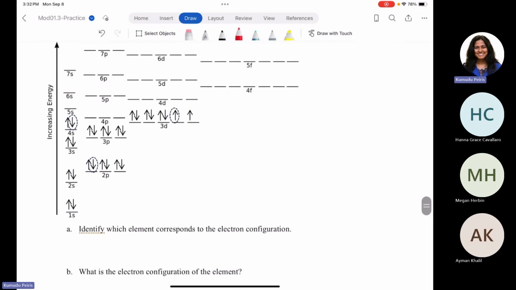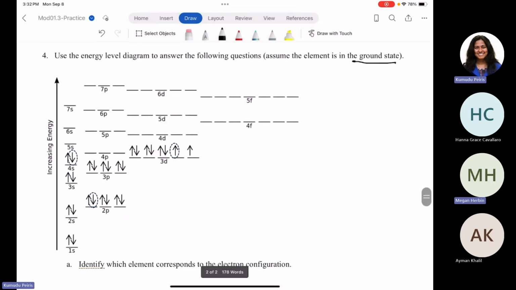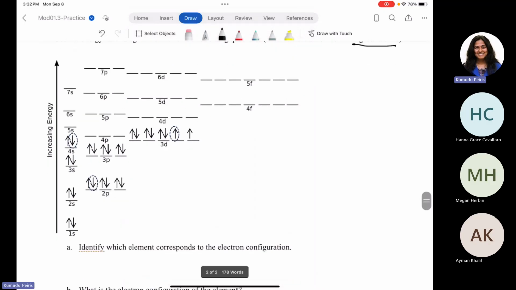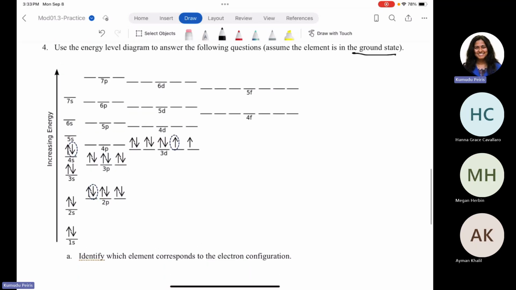If I come back to this question, how can we figure out the element which owns this electron configuration? You simply count the number of electrons. This is a ground state one, so the number of electrons will equal the number of protons, or the atomic number.